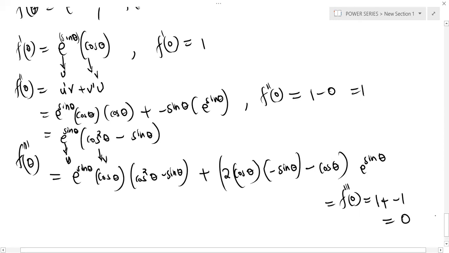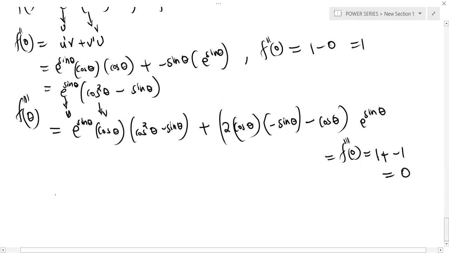Okay, fine. So we already have enough terms. We already have 1, 2, 3. So we can use those 3 terms. Now, what is our f theta? Our f theta, which is exponential sine theta, the power series is given by f0. And what did we get as our value of f0? Our f0 was 1, plus theta.